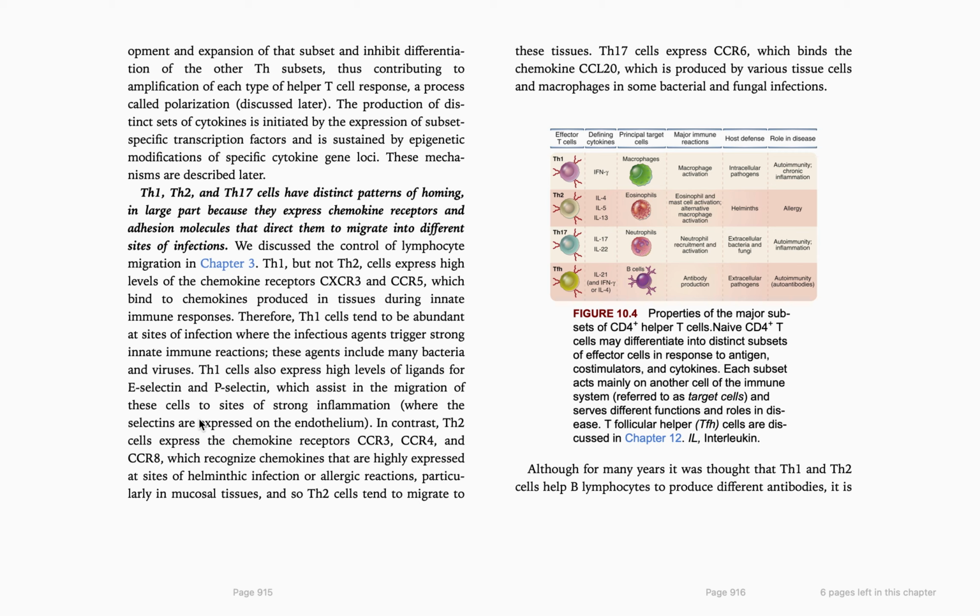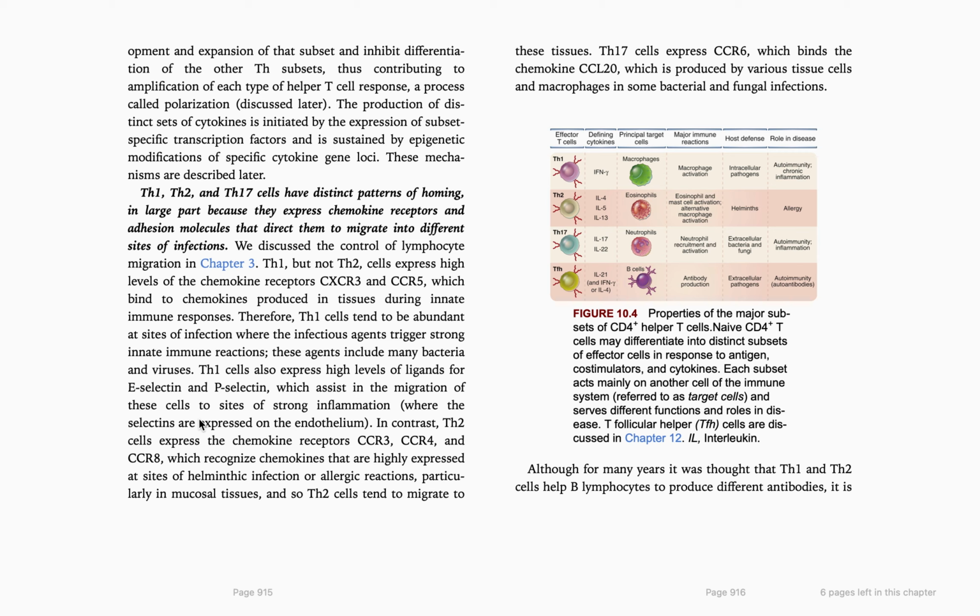T helper 1, T helper 2, and T helper 17 cells have distinct patterns of homing, in large part because they express chemokine receptors and adhesion molecules that direct them to migrate to different sites of infection. We discussed the control of lymphocyte migration in chapter 3. T helper 1 but not T helper 2 cells express high levels of chemokine receptors CXCR3 and CCR5, which bind to chemokines produced in tissue during the innate immune response.